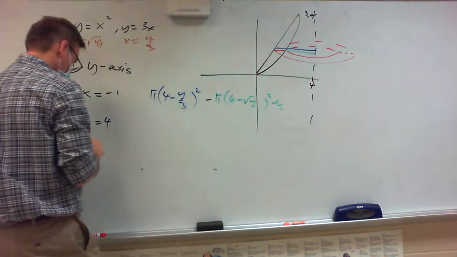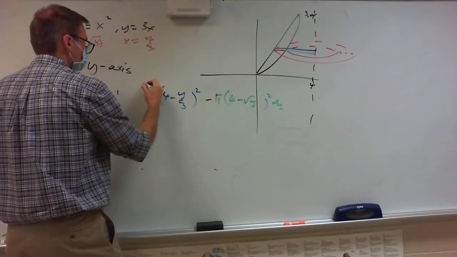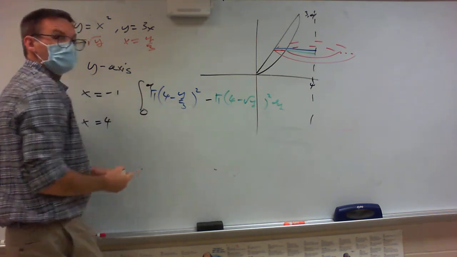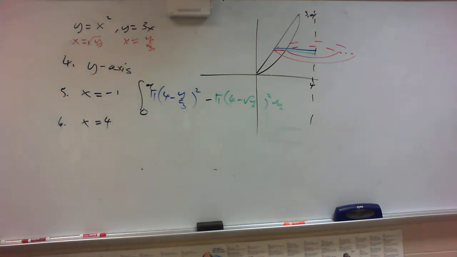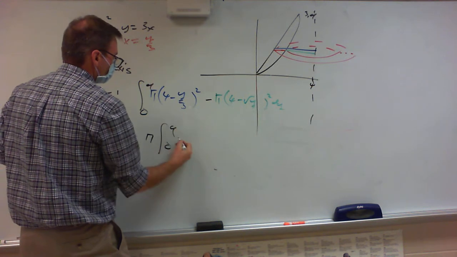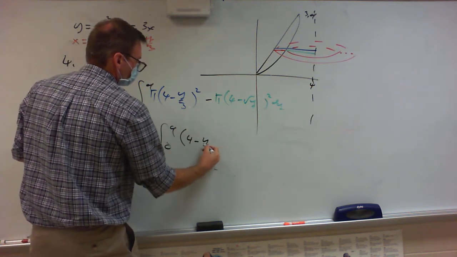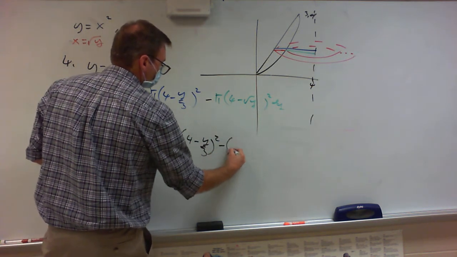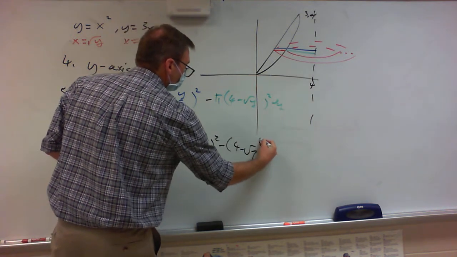And so we get the integral from 0 to 9. Everybody come up with that pretty easily? To simplify it, we're going to pull the pi out, so that's the integral from 0 to 9 of 4 minus y over 3 squared minus 4 minus the square root of y squared dy.